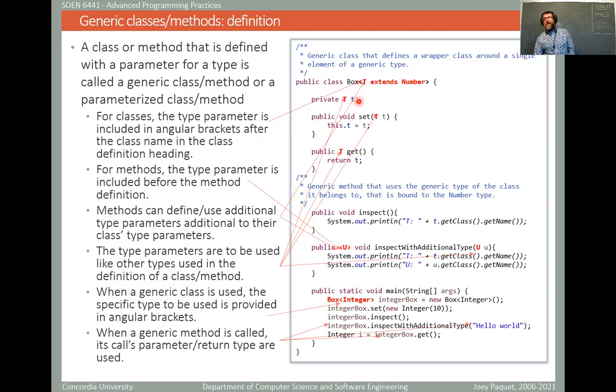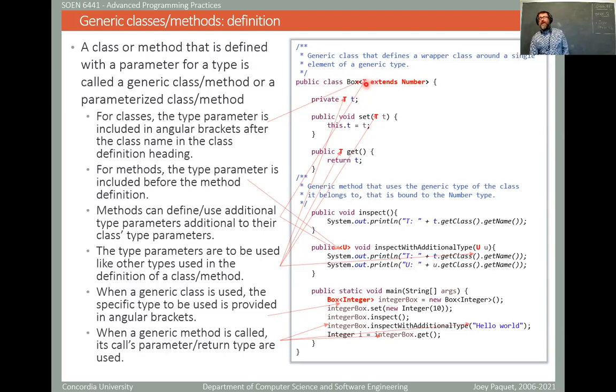Then what's going to happen is that there's going to be inside of this Box a variable named little t, which is an Integer. So when I instantiate this type, it's going to create a parameterized type that is using, in this case, Integer as a type. Okay.